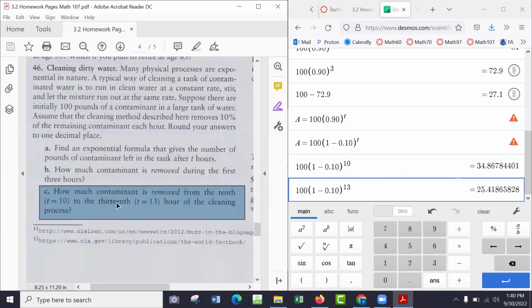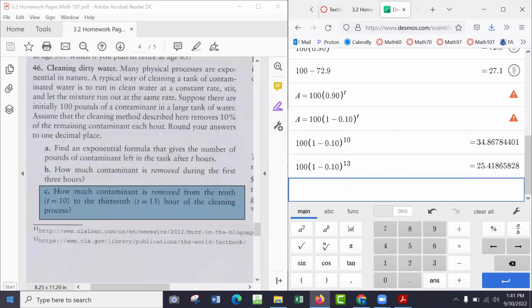How much contaminant is removed from the 10th to the 13th hour of the cleaning process, right? Press pause on the video, try it yourself. Okay, I'm going to do it now. So roughly speaking, after 10 hours, there was 35 pounds of dirt left in the tank. And after 13 hours, there was 25 pounds left in the tank. So we roughly removed 10 pounds between the 10th and 13th hour.